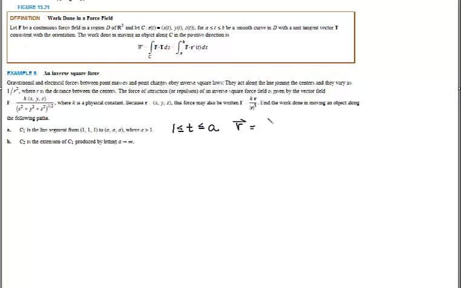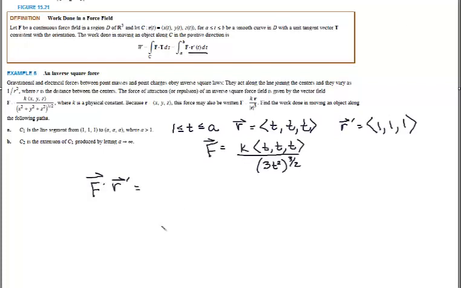My r vector in this case is just going to be t, t, t, and that means that the derivative is just 1, 1, 1. If I need that magnitude, which I don't need right now on this one, sorry about that, I just need to find the vector itself.